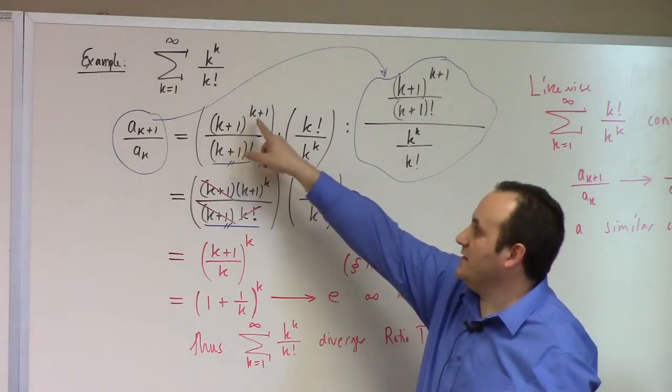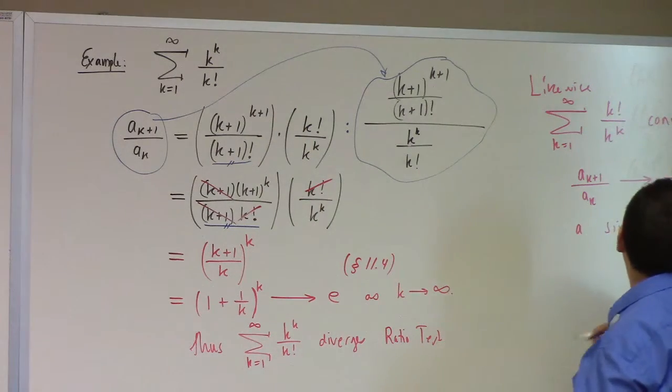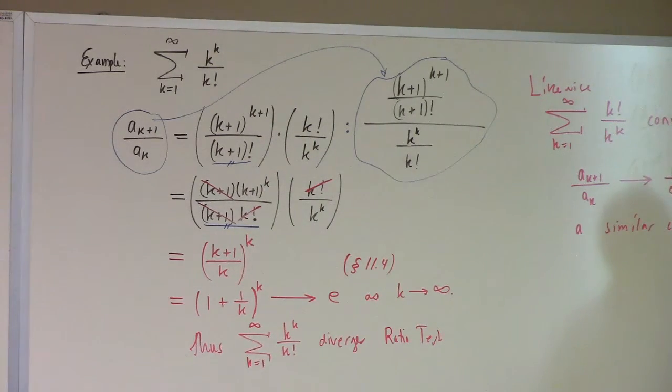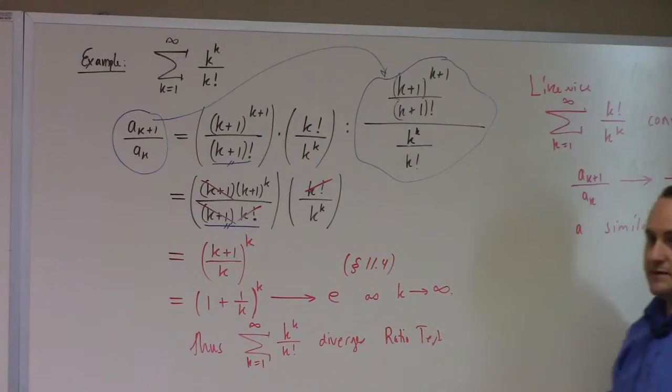k plus 1 to the k plus 1. Now, the things we're always using are these. a b to the k is a to the k, b to the k. a over b to the k is a to the k over b to the k. a to the s to the t power is a to the st. These are the things we're using over and over and over again.